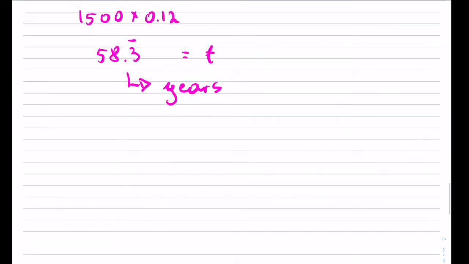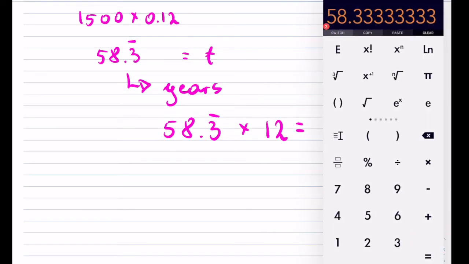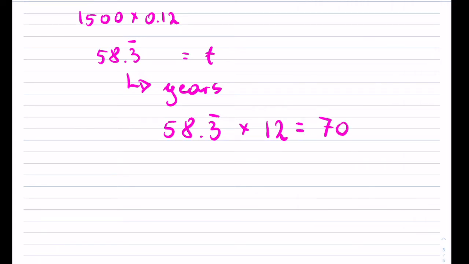Because if you want this in months, well, that's how many years, and you still have to multiply by 12, and that is 700 months. So 700 months that you would have to do that.